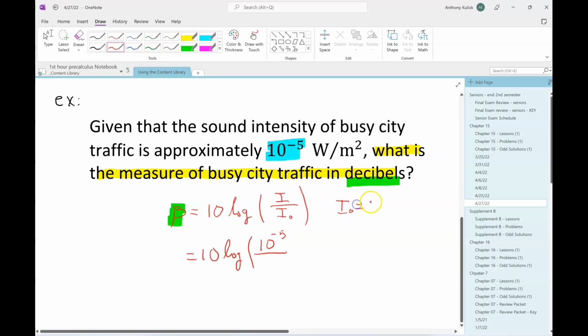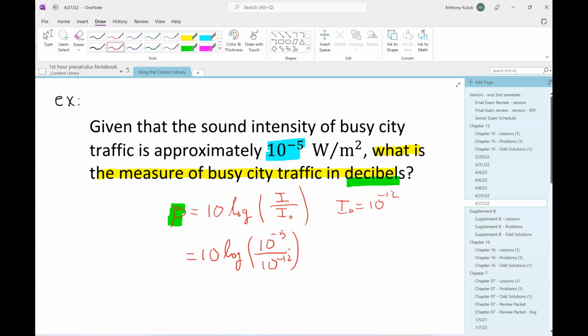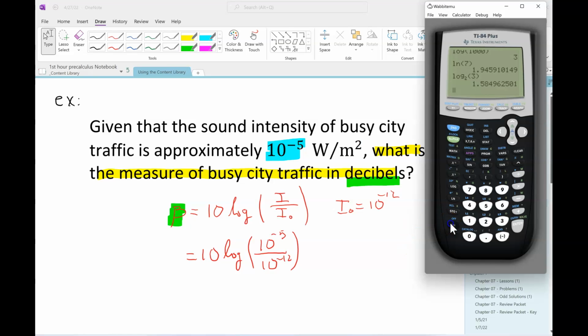So is it always 10 to the negative 12? Yes. Constant means that it's not a variable. It's always that number. The only reason it could feasibly change, and Grace, this wouldn't happen in a story problem that I would give you, would be a unit situation, like if we gave this in centimeters squared or something.